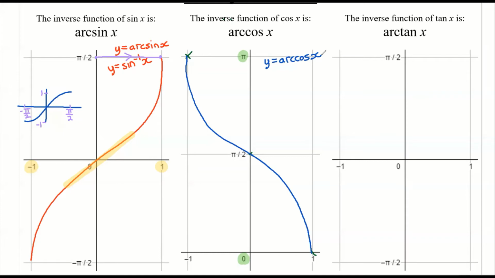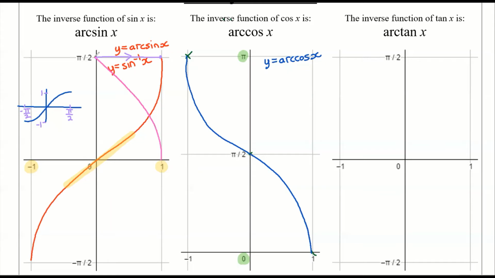Simply because if we used, I'll just go over here to explain that in a bit more detail. If we go back over to the arcsine graph, and if I superimpose the cosine curve on top of it, well, the cosine curve would look like this on the arcsine domain.